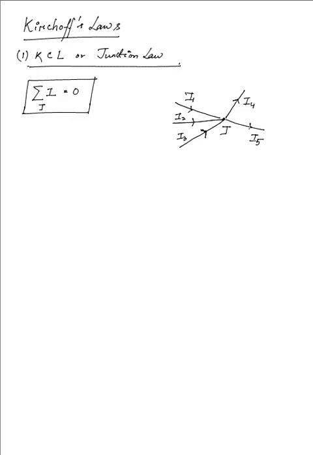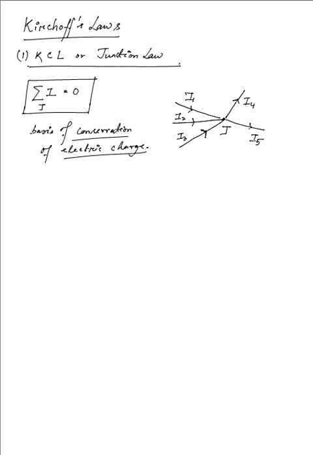Now this is obviously on the basis of conservation of charge, because the current is due to the flow of charge across a given circuit. So this is on the basis of conservation of electric charge, which states that charge can neither be created nor be destroyed.